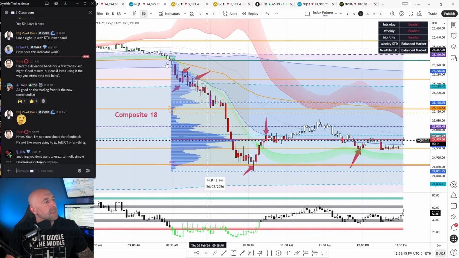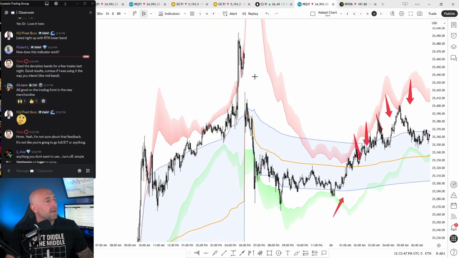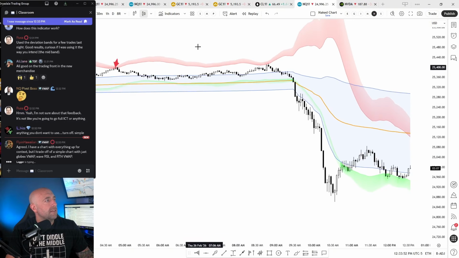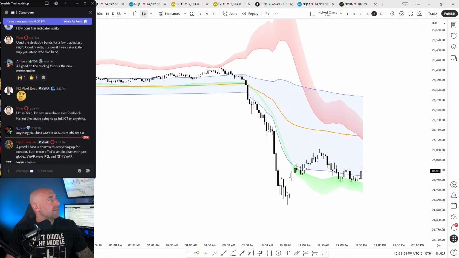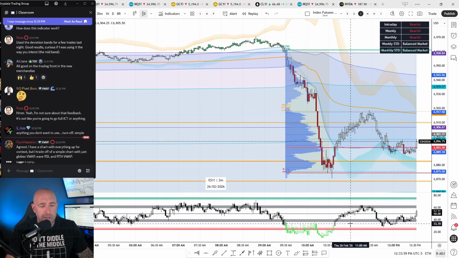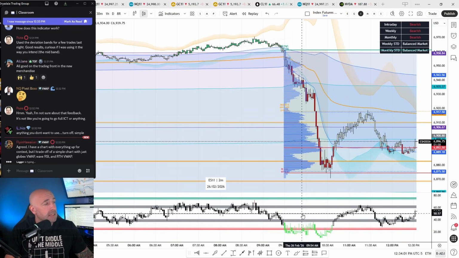Okay, so let's talk a little bit about these bands and how they're derived. First of all, it all started with the RSI tool here on the bottom. This was brought to me by LJ, who's in the group here.